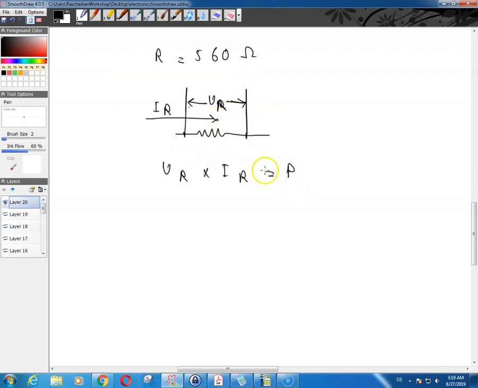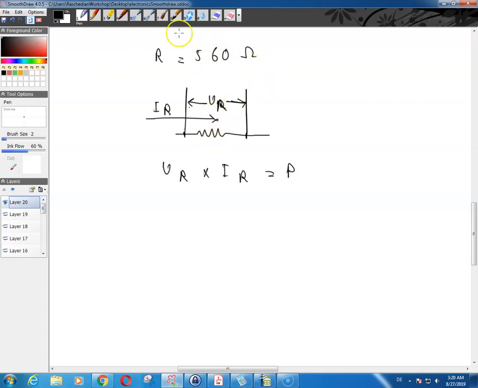Now the power dissipation, of course, is going to happen in this resistor, meaning that this resistor is supposed to be capable of dissipating that much power or that much heat. And what that means is that, of course, if it's not capable of dissipating that much power, it's going to fry.